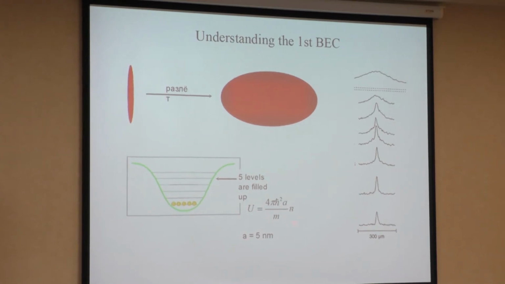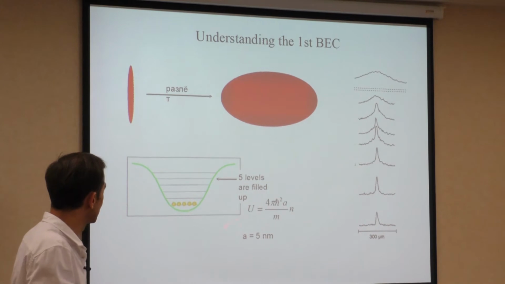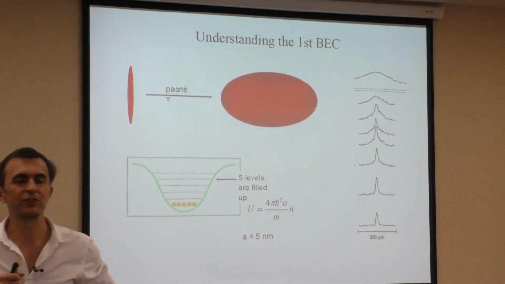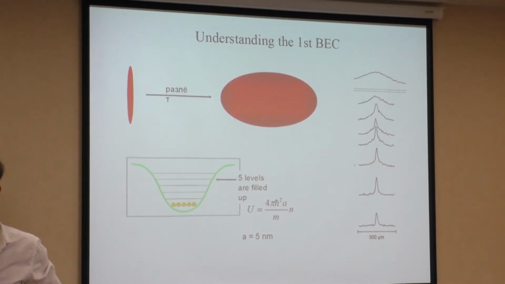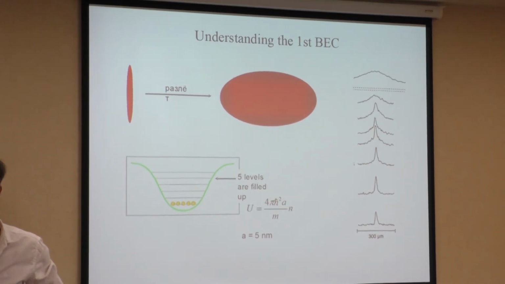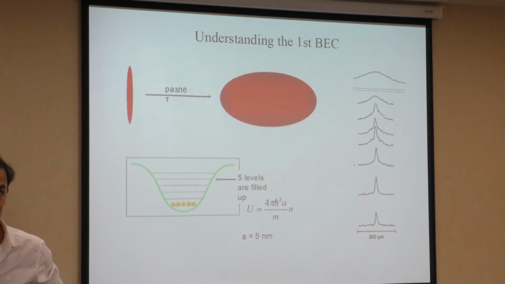How come the authors of this first Nobel Bose-Einstein condensate were satisfied with just a 5 nanometer scattering length? Why did they not use the Feshbach resonance? And why did they use a magnetic trap? The reason was that it was still year 1995, and many important questions were unresolved.